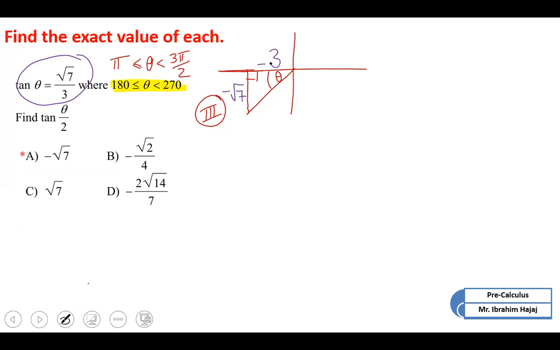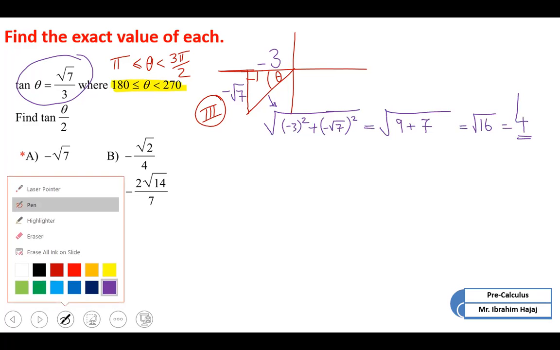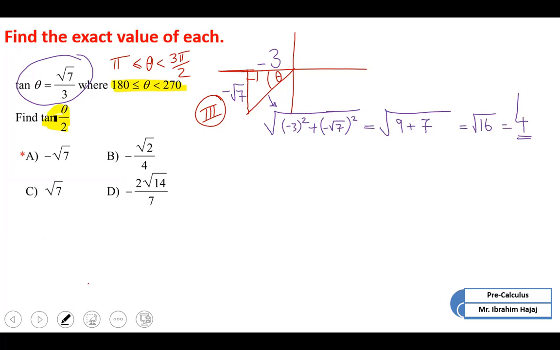So to find the hypotenuse in this right triangle, we use the Pythagorean theorem: squaring the negative 3 plus squaring the radical 7. So your answer here is radical 9 plus 7, and your answer is radical 16, and radical 16 is 4. So the hypotenuse here is 4.